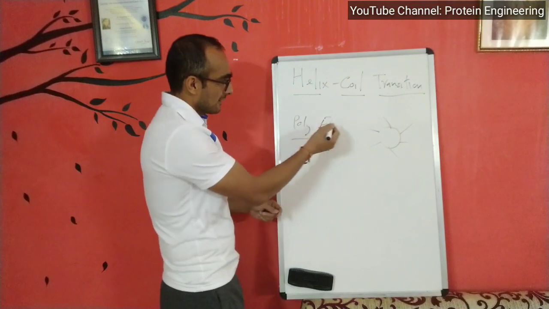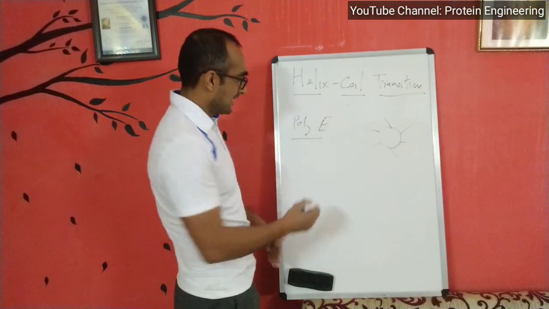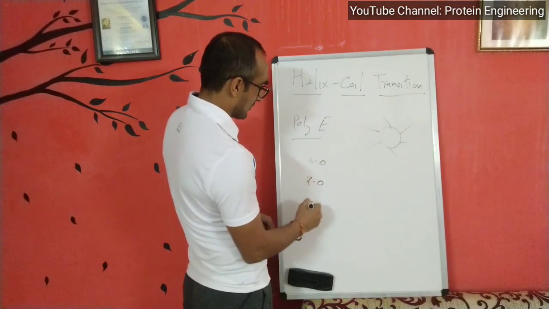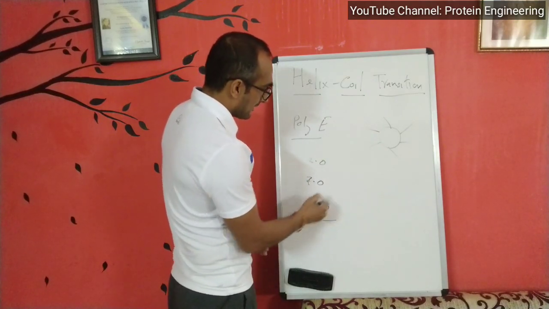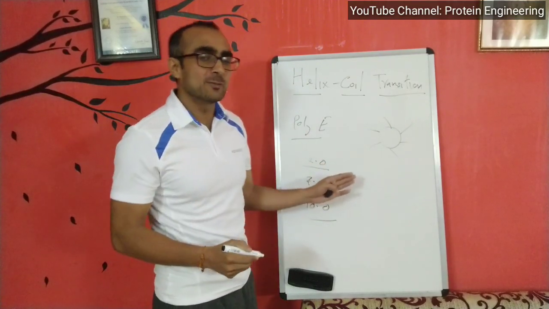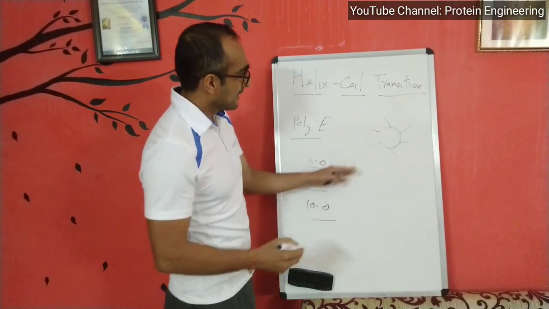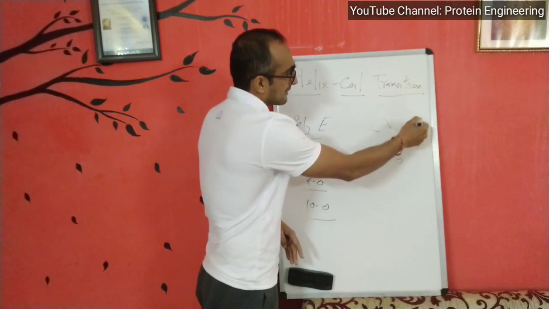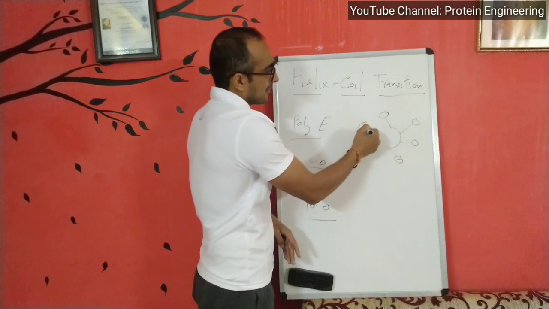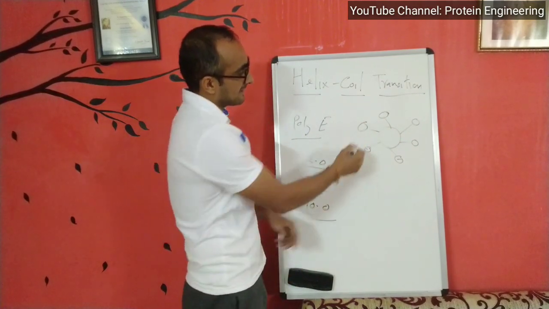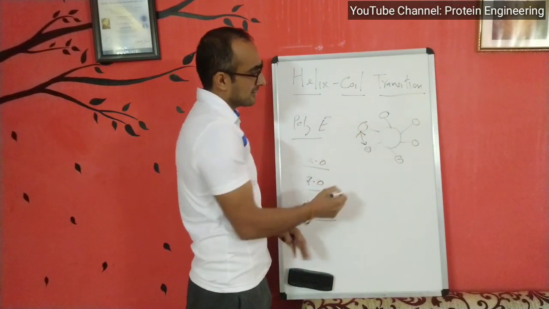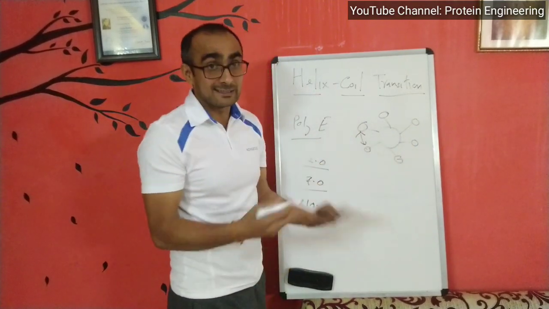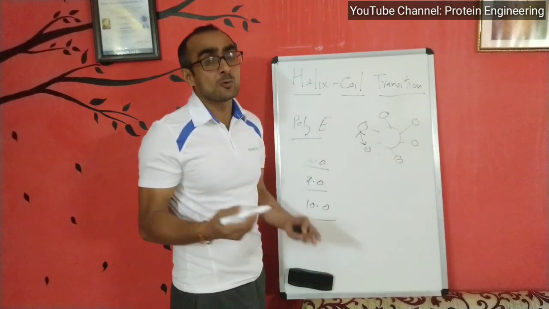For example, if you keep polyglu helix at pH 2.0, 7.0 or 10.0, the stability would be different, because if all side chains are negatively charged, a repulsive force exists between them, they repel each other and push apart. As a result, the helical structure is disrupted and turns into a coil structure.